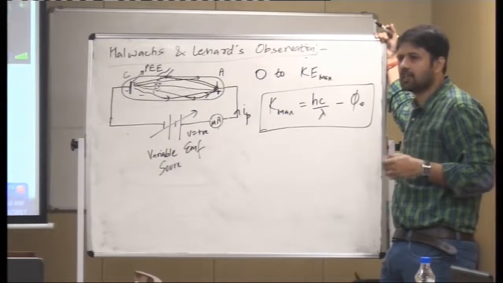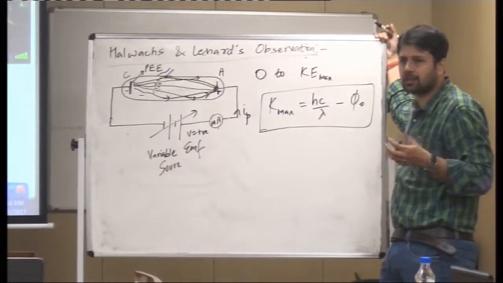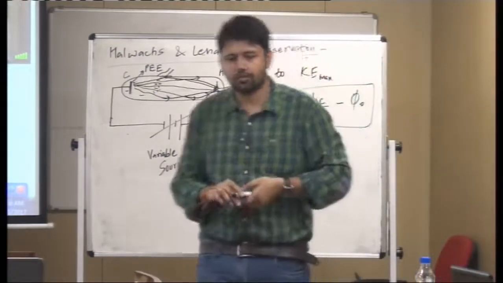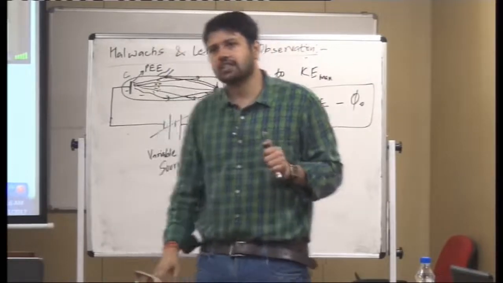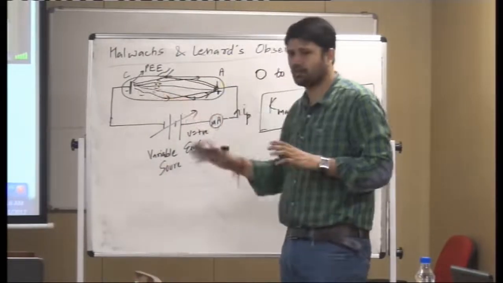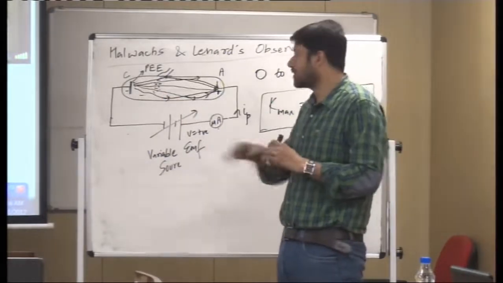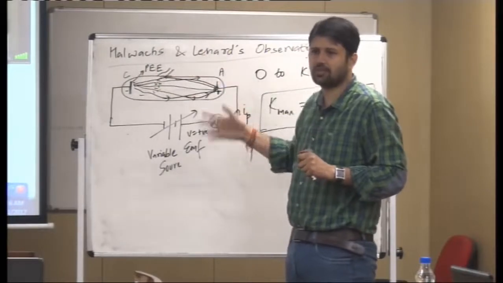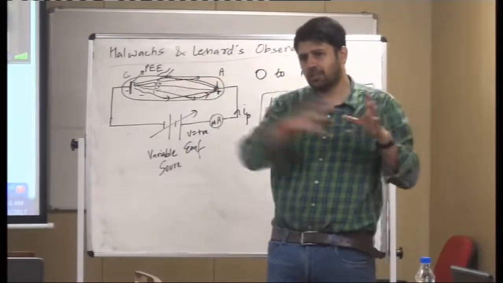Now if you increase the voltage, nothing would happen. You cannot get more electrons, more current. For more current you need more electrons, but by increasing voltage, the photoelectric effect won't increase. It's just that all the stray electrons which were going here and there were being pulled. Now with the increase in voltage, all the stray electrons were pulled.